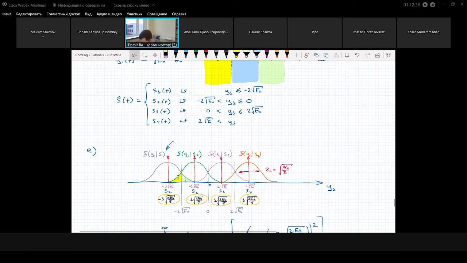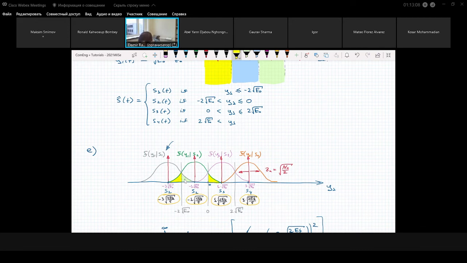The first is represented by the yellow tail on the left side, because you confuse your signal with S1. But there is also another possibility, because when you transmit S2, you might decide that you received signal S3, and you have another tail.